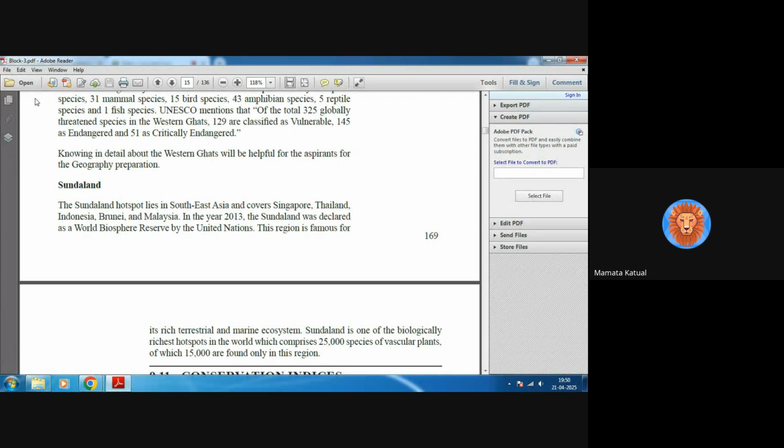Then Sundaland, this hotspot is in Southeast Asia.